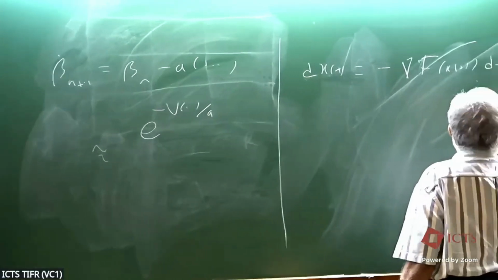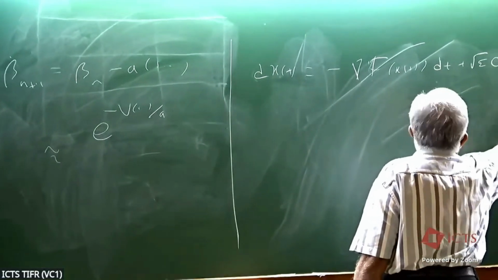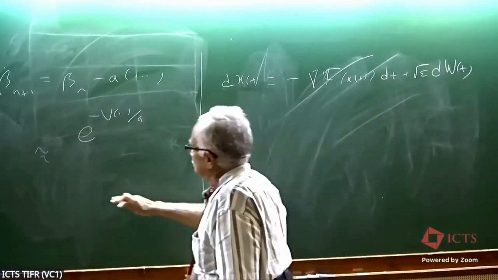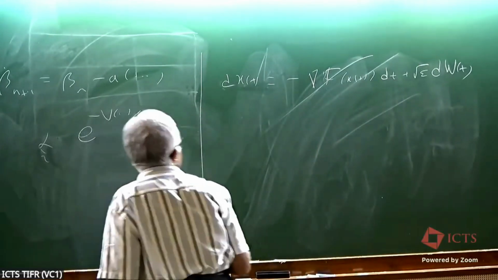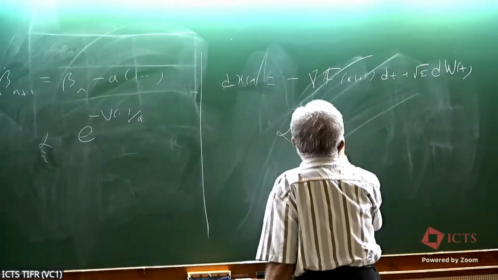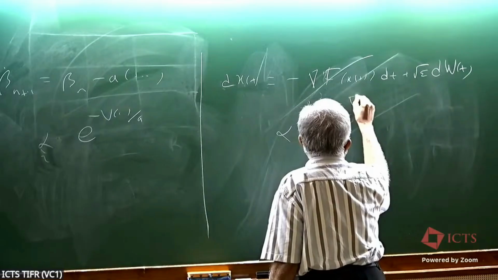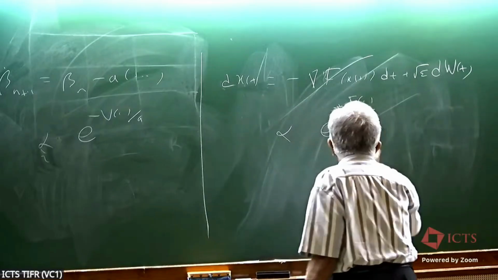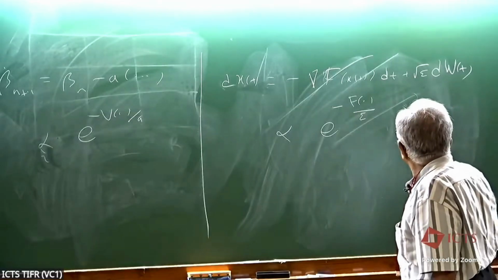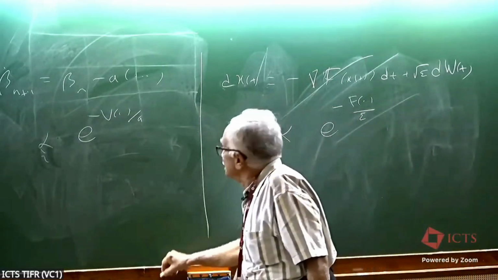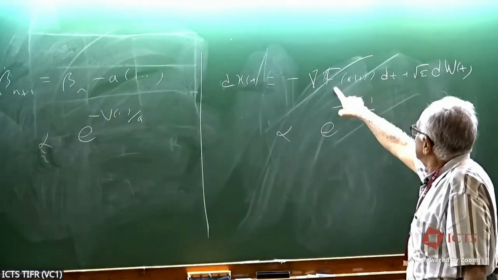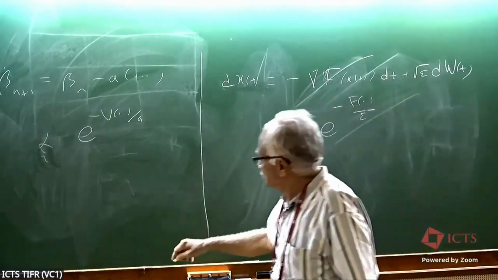This is Langevin dynamics. Then you would get a distribution approximately proportional to e to the minus f by epsilon, since this is grad f, you get f here. That's not the case here.